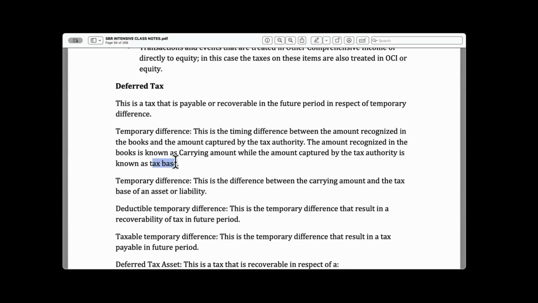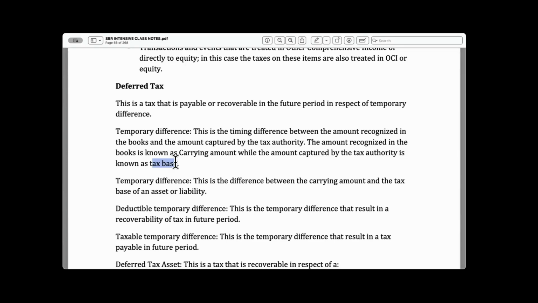The tax authority does not deal with fictitious gains, so they will not put it in their books. They will tell you that when you actually earn it, when you realize that revaluation surplus, then they will tax it. So they will not tax it yet. You are putting it in your books now, but they are not going to consider it for tax purposes.